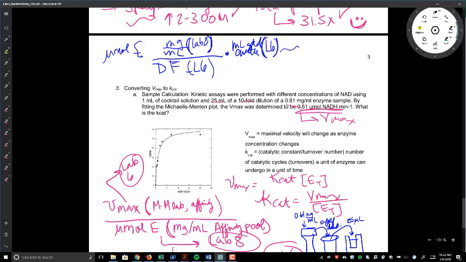And then that gives you a number of milligrams. Then you have to convert milligrams to grams, convert to moles, and then convert to micromoles.